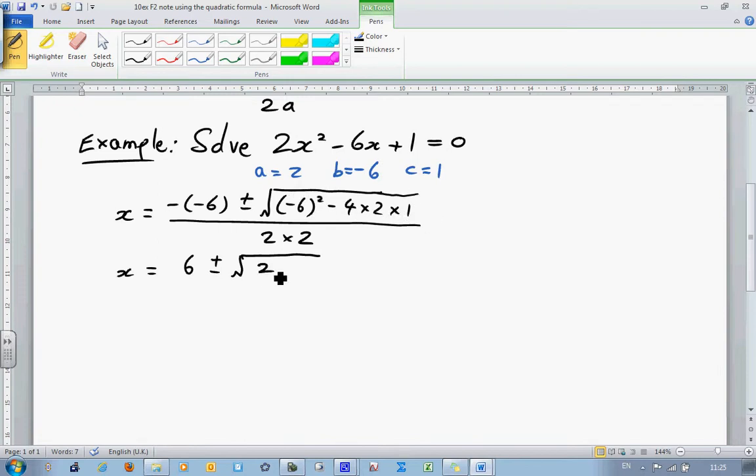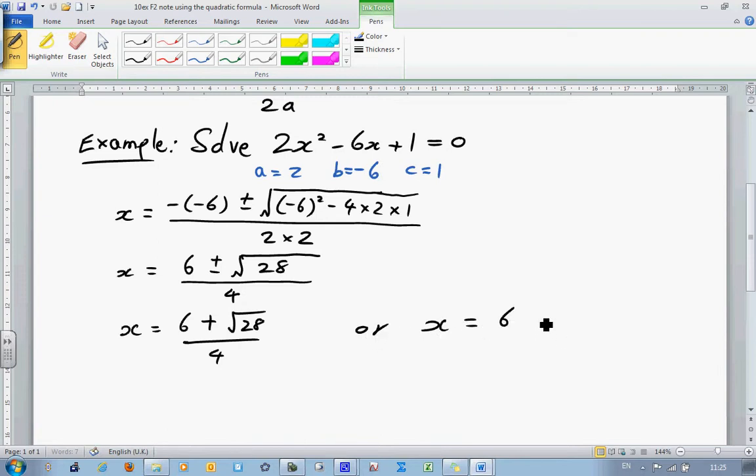So at this stage we'll notice that we've got the plus or minus, so what we're saying is there are two possible values. You've got x is 6 plus the square root of 28 all over 4, or x equals 6 minus the square root of 28 all over 4. And there's your two solutions.